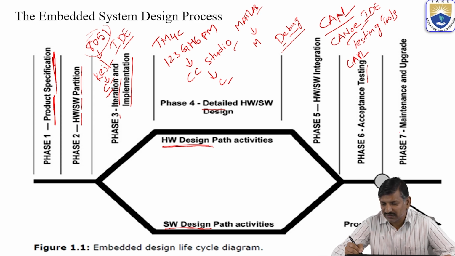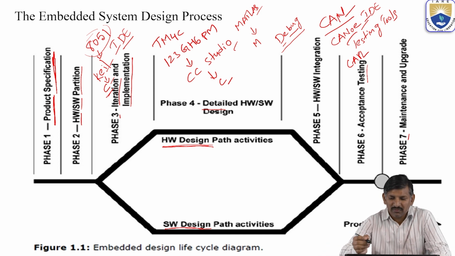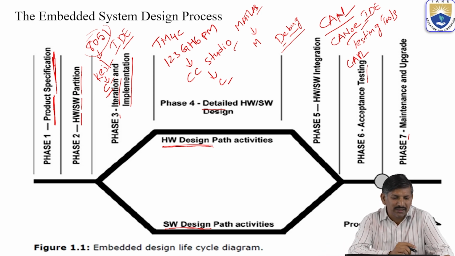Then the seventh stage is maintenance and upgrade. Maintenance means, first we decide the requirements. Then those requirements are partitioned into hardware and software. The hardware requirements are divided into individual parts, and similarly the software requirements are divided into individual parts.